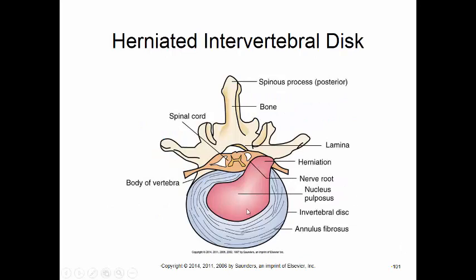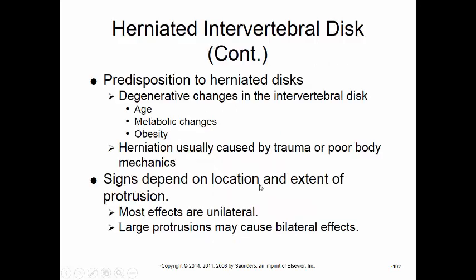And so we can see that with the nucleus pulposus, the outer capsule is torn, and it herniates out, and it pushes onto the spinal nerves. That's going to cause pain and reduce sensation and cause problems with the sensory and motor output through that spinal nerve.